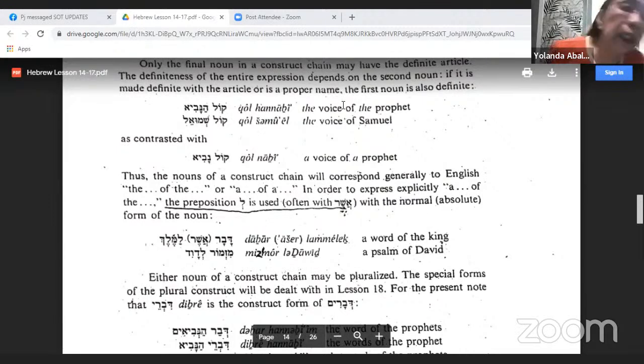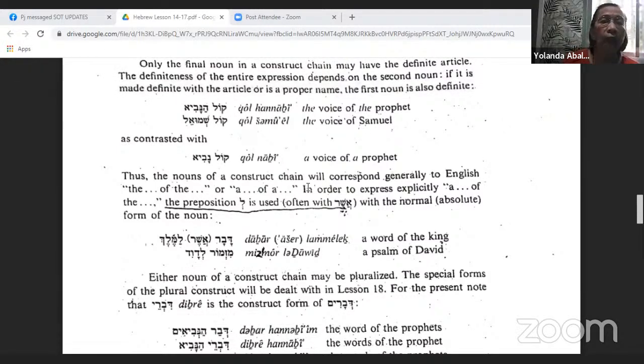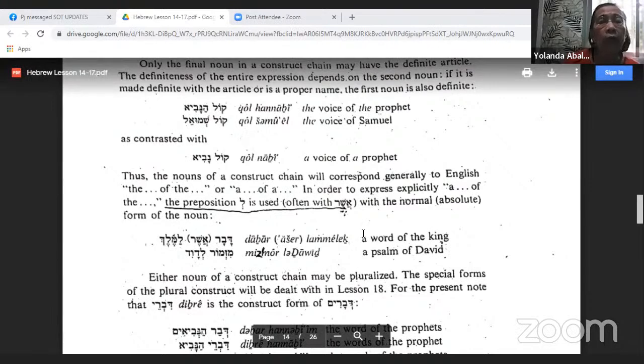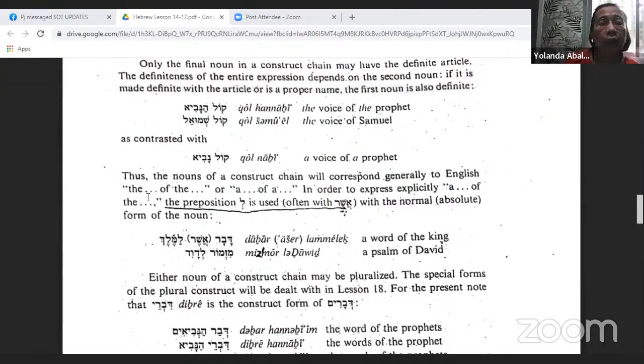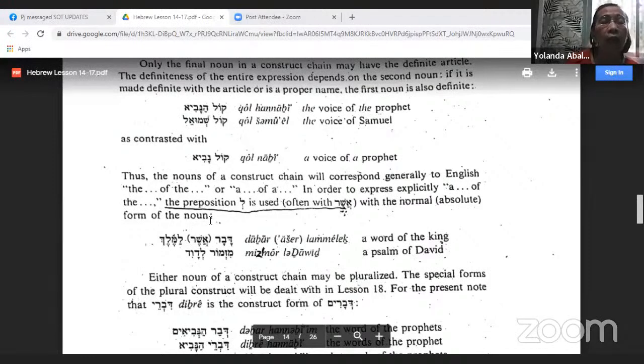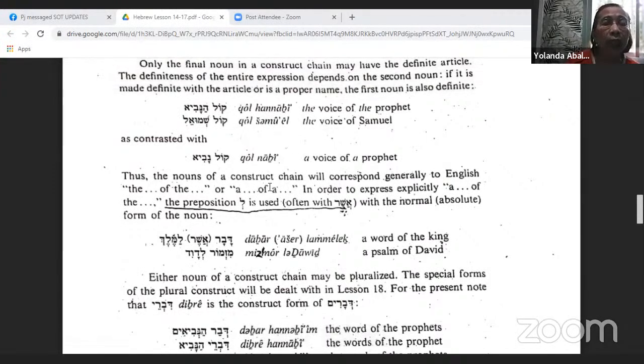Pagka nasa Amerika ka, sabihin nila, the brand. Ibig sabihin yan, specific brand. Okay. So that we have the of the, a of a. Yan. The of the, ito naman, a of a.